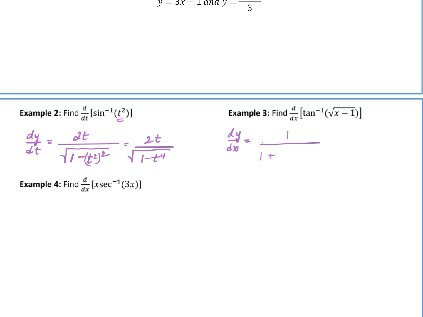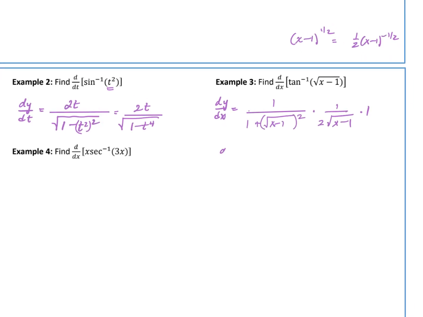So it's actually going to be this, and then square, but then we need to times it by the derivative of the inner piece. So the derivative of x minus 1 to the 1/2 power is 1/2 times x minus 1 to the -1/2 power, times 1, which we don't have to worry about in this case, okay? So the u prime, if you will, is going to be 1 over 2 root x minus 1, and then you times it by the derivative of the inside, which is just 1, okay?